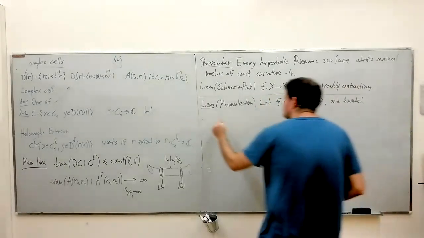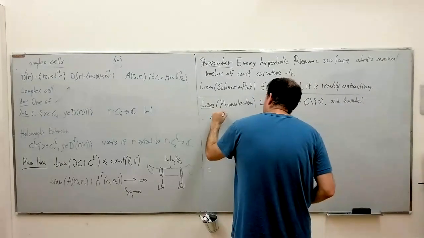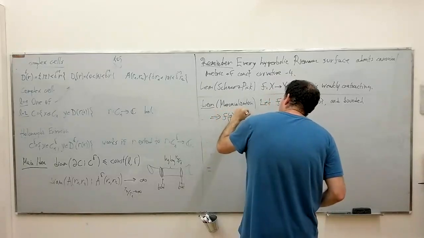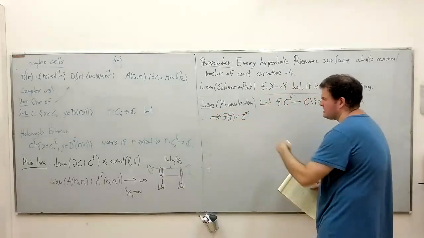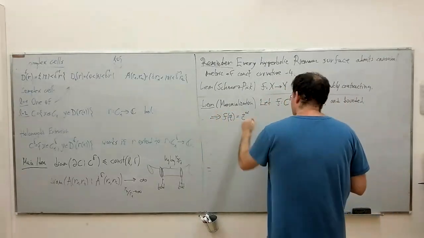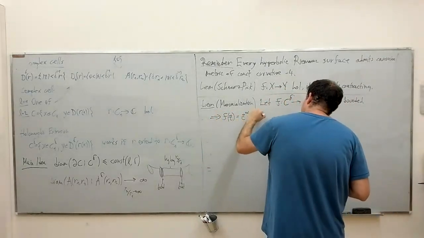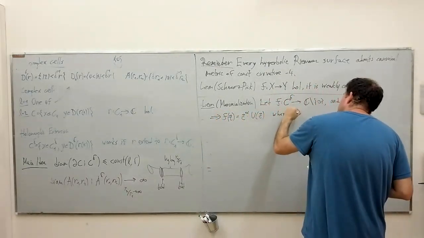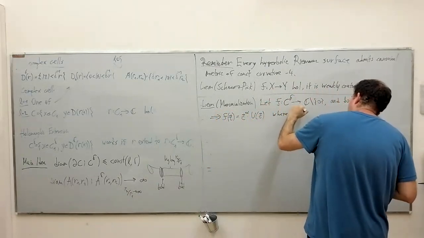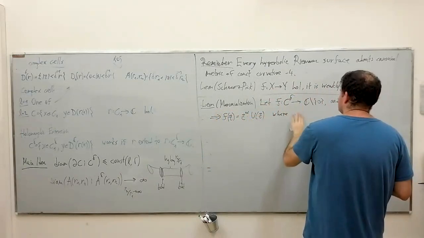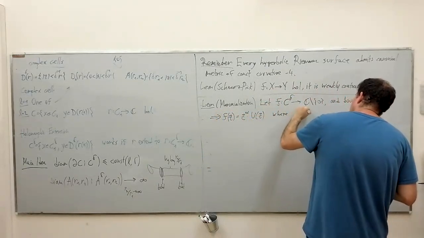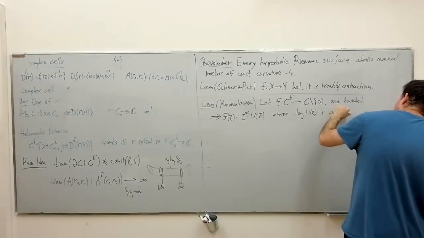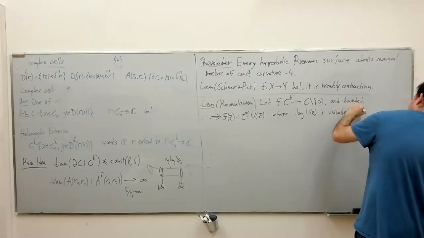Then I claim that I can write f of z as z to the alpha, a monomial in multi-index notation, times u of z, where log of u of z is single-valued and bounded.